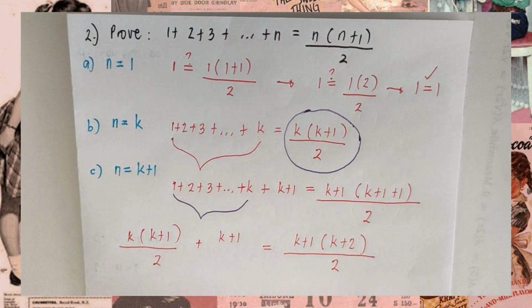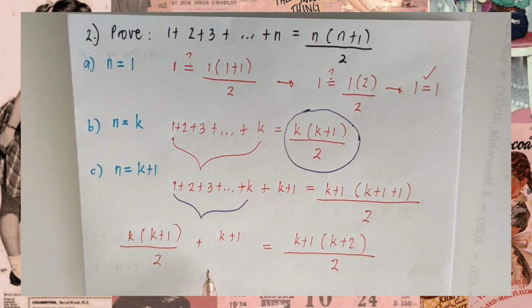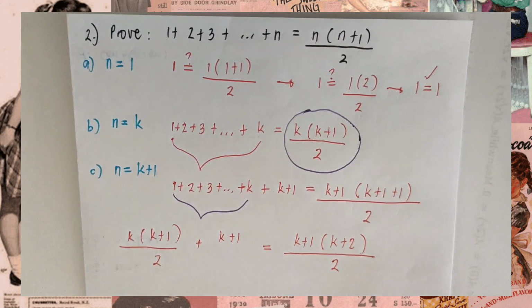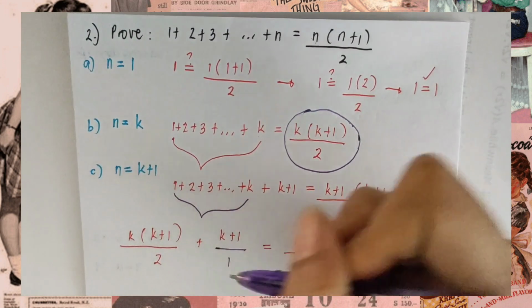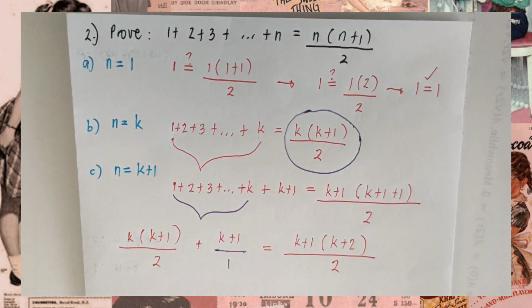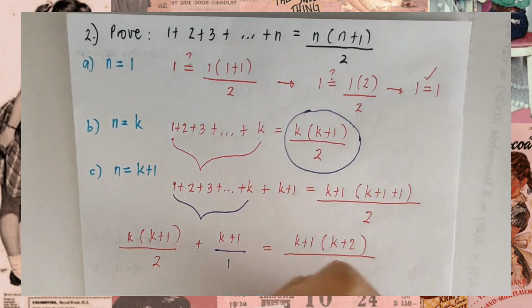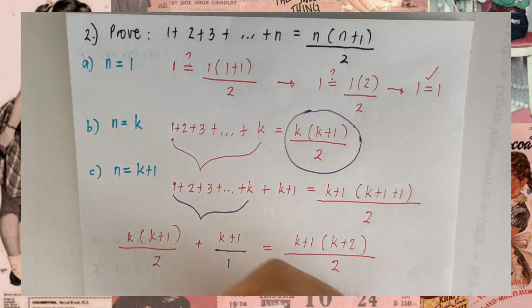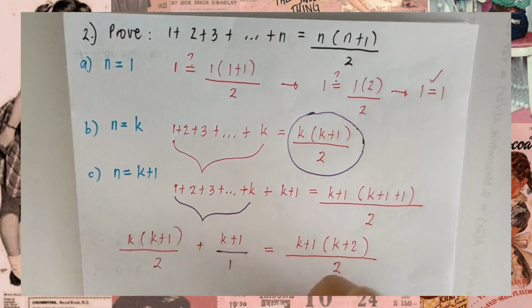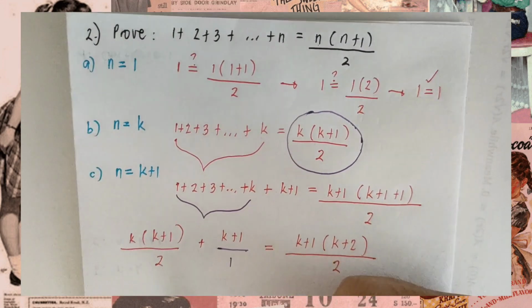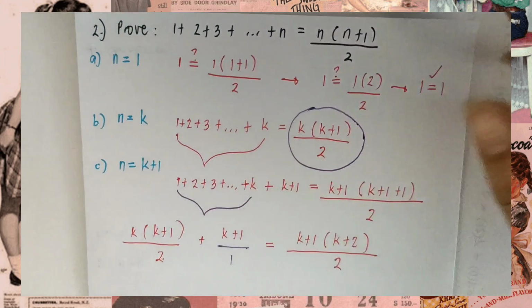Next, let us look for the LCD of this one, and we know that there is an imaginary 1 here, and the LCD is equal to 2. Very good. So we have 2. 2 divided by 2 is 1.